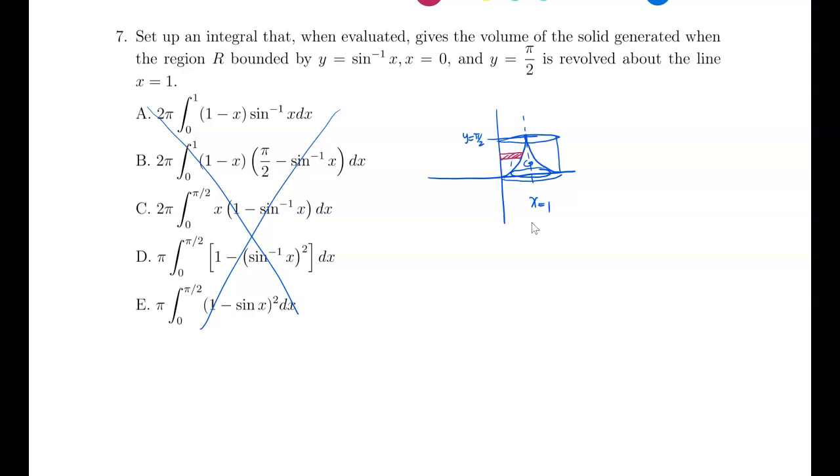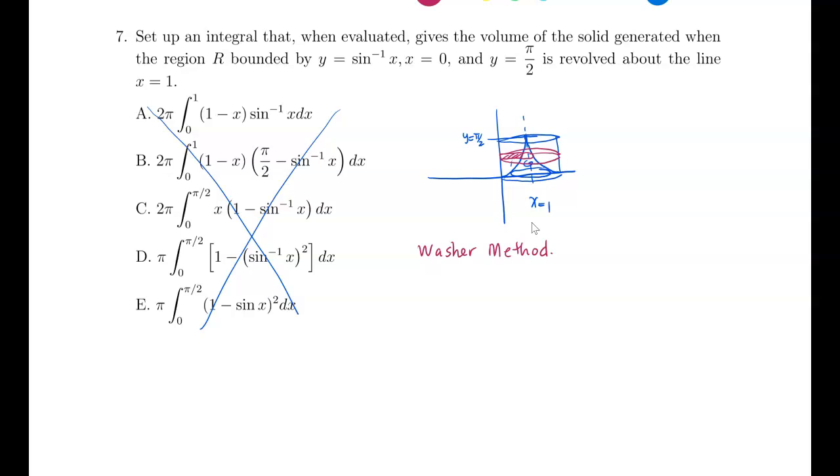Okay, that is what is covered in the class. So if we're going to use a horizontal strip, that means we're going to use the washer method.